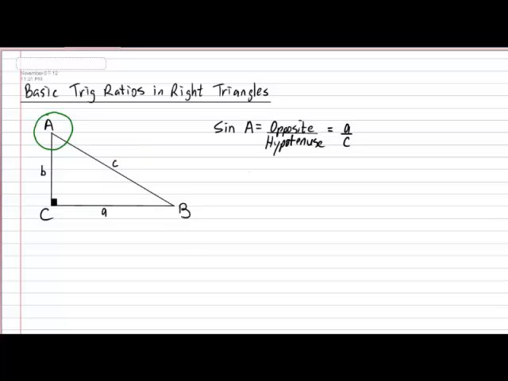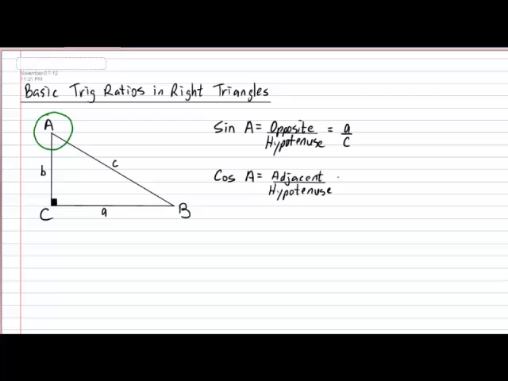The second trig ratio that is extremely common is called the cosine, and that is normally abbreviated as COS. When we say the cosine of angle A, we are referring to the ratio formed by the length of the side that is adjacent to angle A. Normally, we would simply write the word adjacent, versus the hypotenuse.